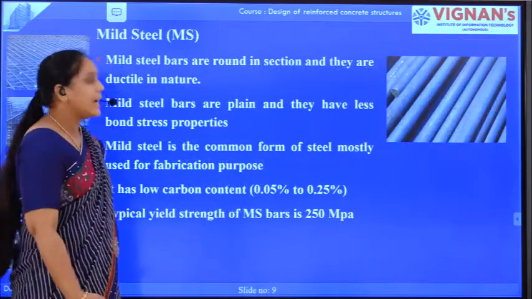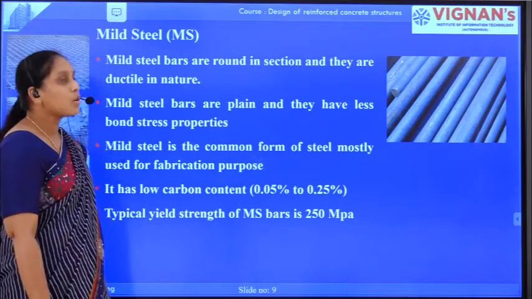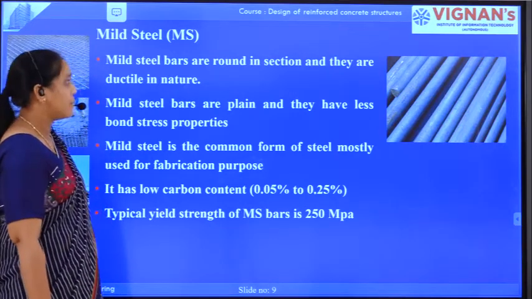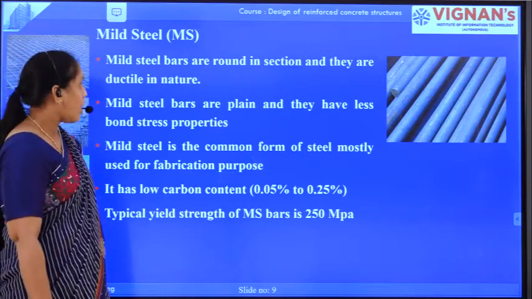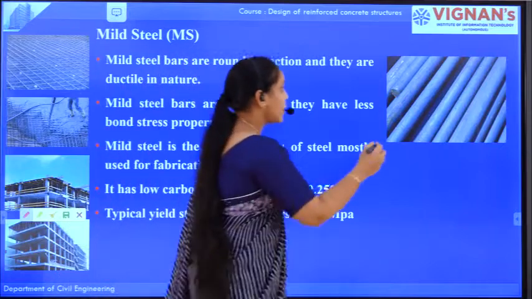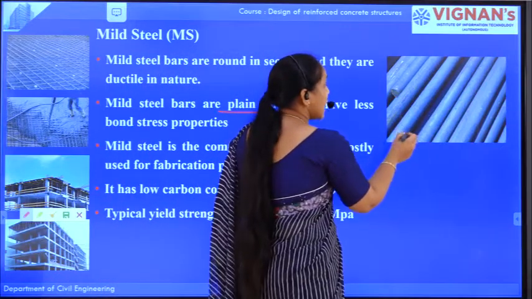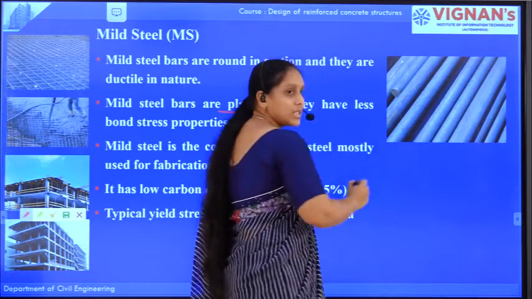The mild steel bars or MS bars are also called plain bars. Why plain bars? These are called plain bars because the surface of these bars is plain. If you see, these are the mild steel bars.